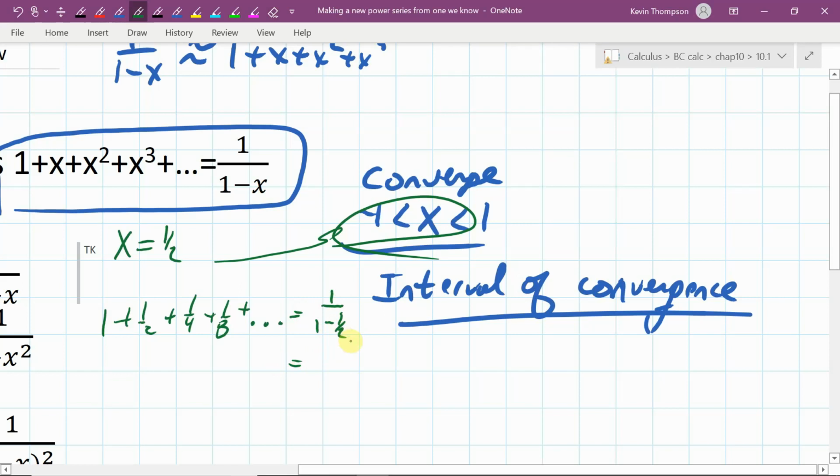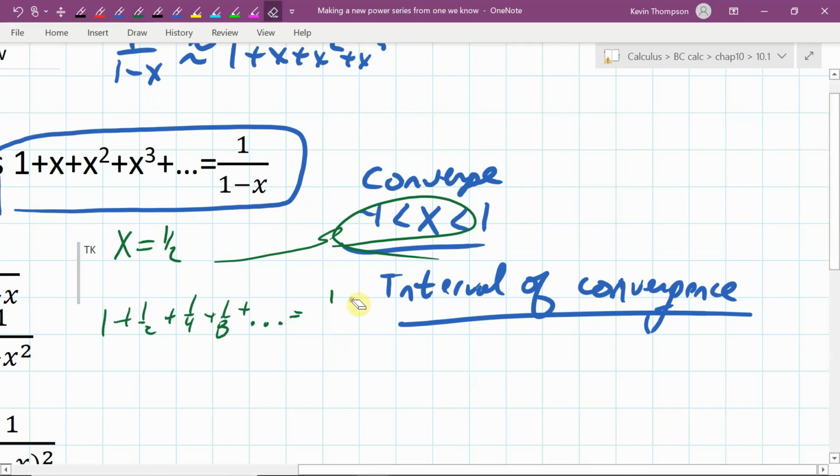1 minus 1/2 is 1/2. 1 over 1/2 is 2. This is that 1 plus 1/2 plus 1/4, that thing that I was drawing the other day. So here's the point. I can substitute into this the way I could a function, and it will give me two representations for the same number. Okay?